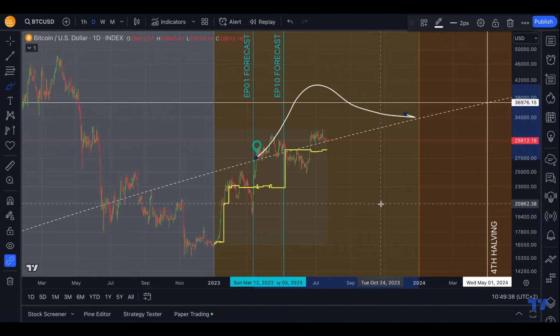However, I believe that I underestimated the effects of the federal funds rate, and the rising federal funds rate. So that's putting a lot of downwards pressure on the Bitcoin price.